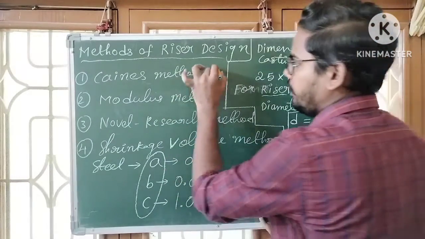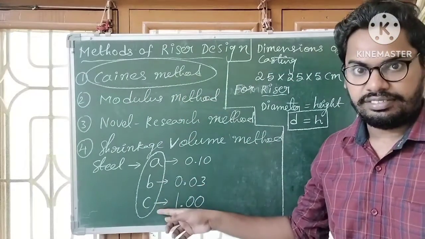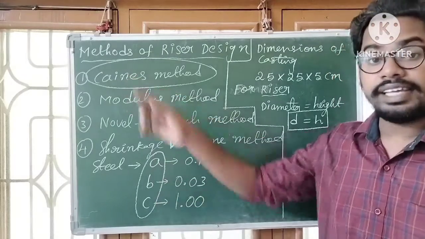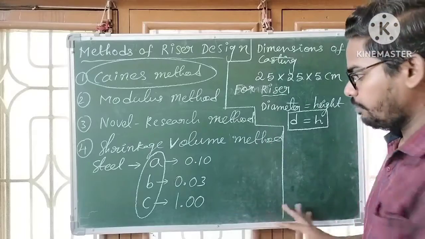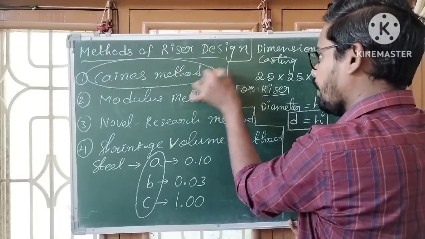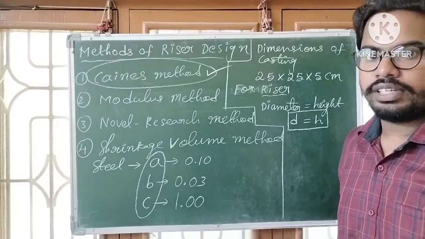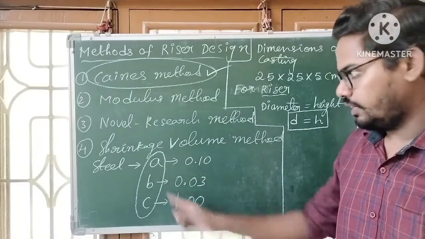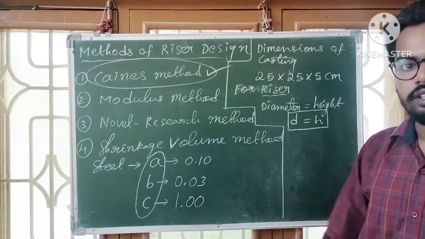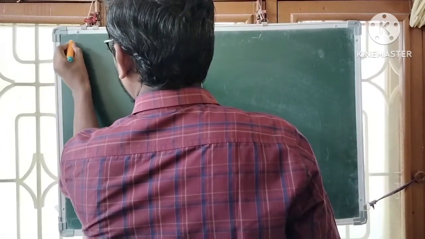In the Keynes method formulas. So based on the given constants, we should apply the Keynes method to solve this problem. Now let us solve this problem using the Keynes method.